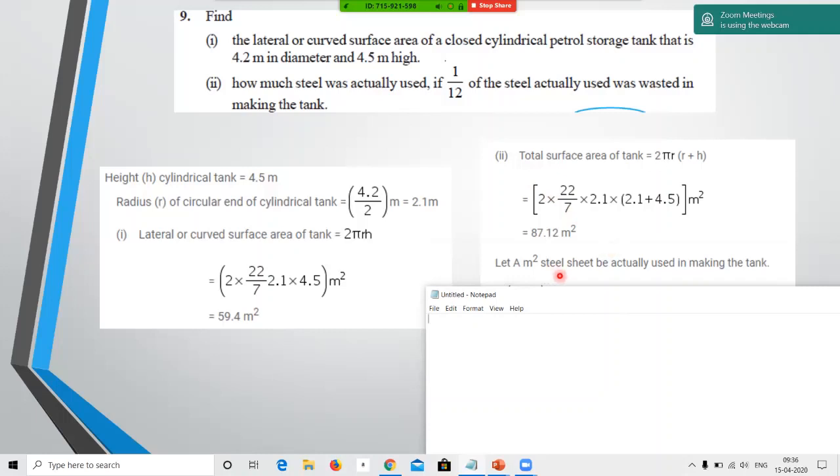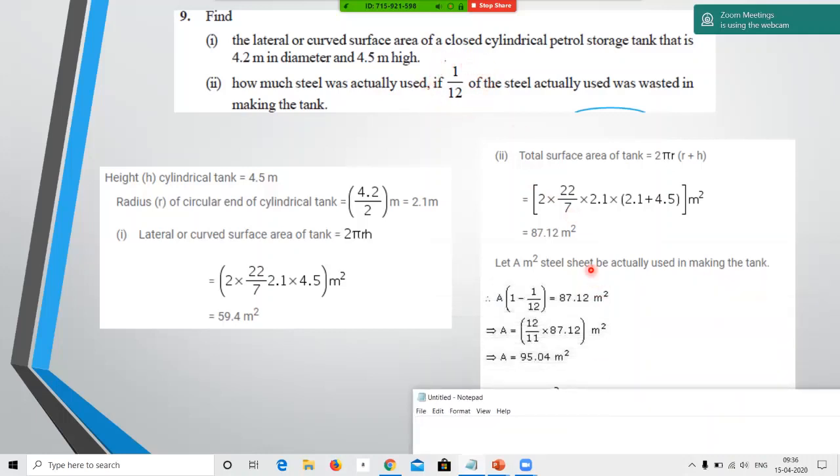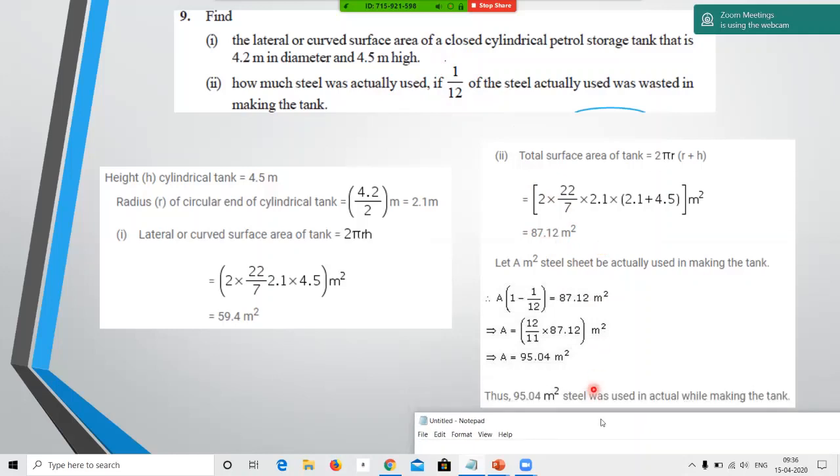So if it is A meter square, you're buying it from the market because we buy steel. Now from that, if you subtract 1/12, which is the wasted part, 1/12 of A, then that would be this value, 87.12. So this is how we go ahead. 95.04.